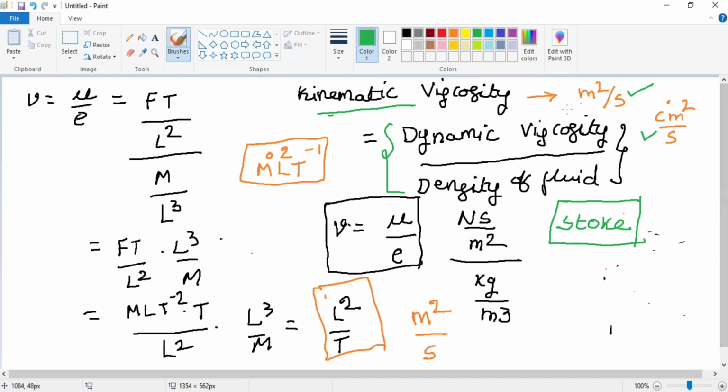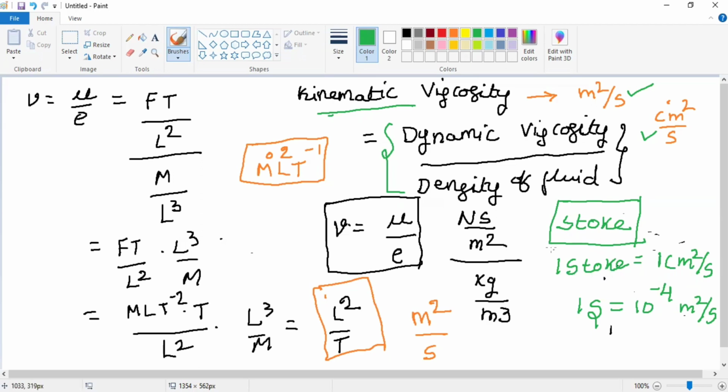What is the Stoke? One Stoke equal to 1 centimeter square per second. In terms of meter square per second, one Stoke equal to 10 power minus 4 meter square per second.